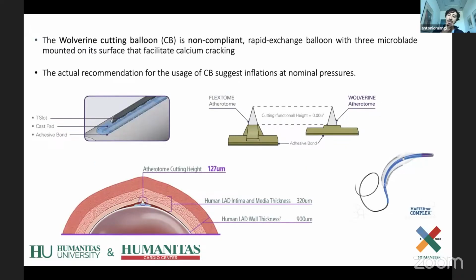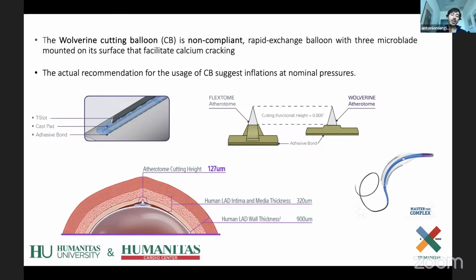Essentially, the cutting balloon is considered by Boston Scientific as a non-compliant balloon, but we will see that this is not completely true, because it's mounted on a non-compliant balloon, but the behavior is of a semi-compliant balloon, and it has 3 blades which are mounted on the surface. You see that the blades are not so high, and what changed compared to the previous generation of cutting balloon, the Flextome, is not the blade itself, but all the adhesive bond and the pad which attach the blade to the balloon.